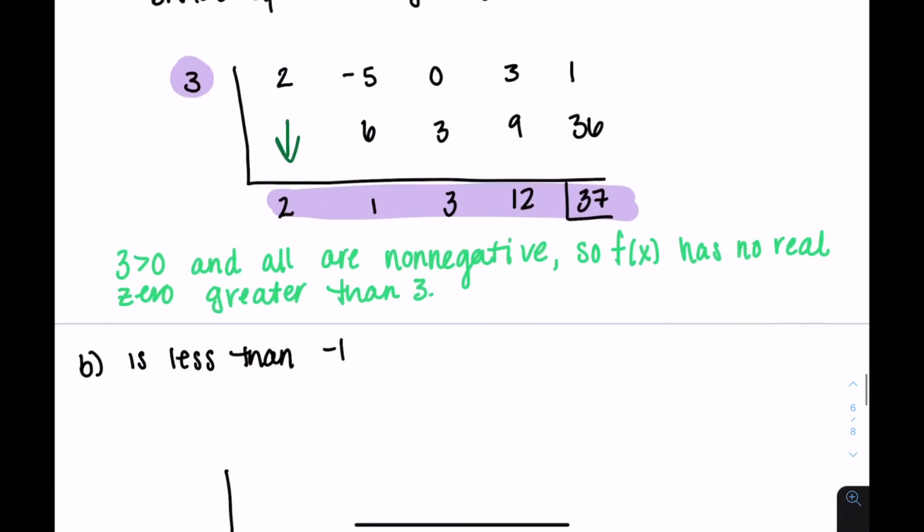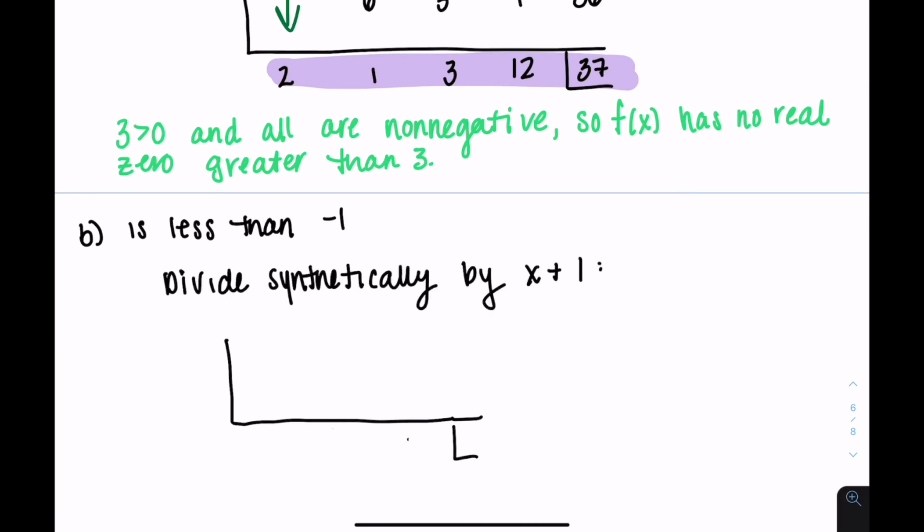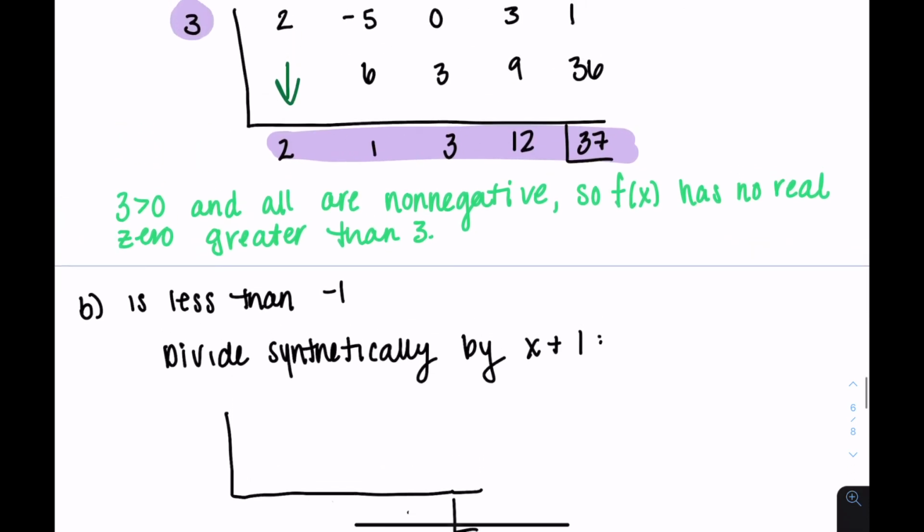Okay, so let's try one more. Let's show that there are no zeros for this function less than -1. So in this case, we're going to divide synthetically by x plus 1. So all the coefficients stay the same. We just have a -1 up here. So we've got 2, we've got -5, 0, 3, and 1.